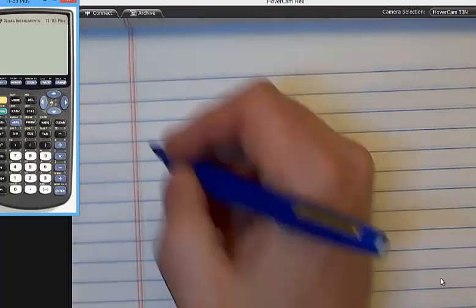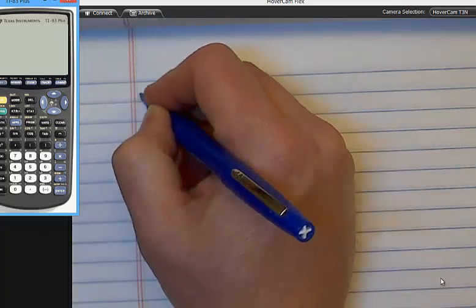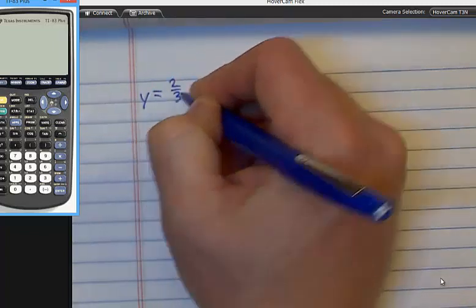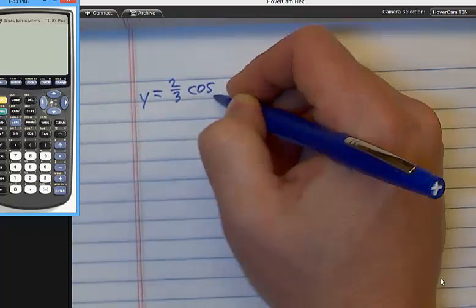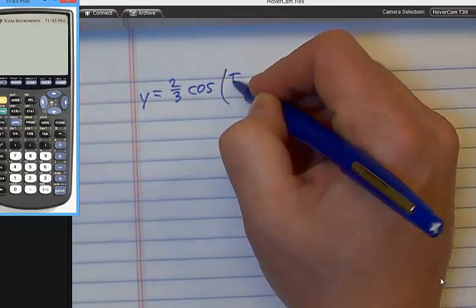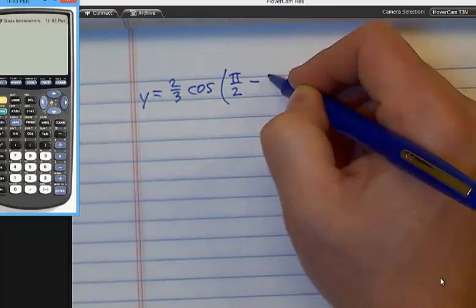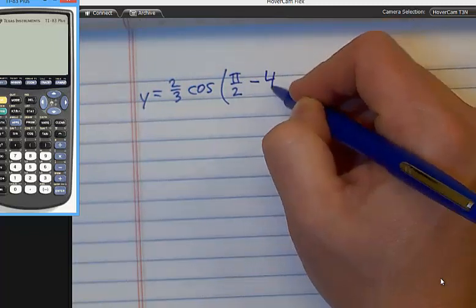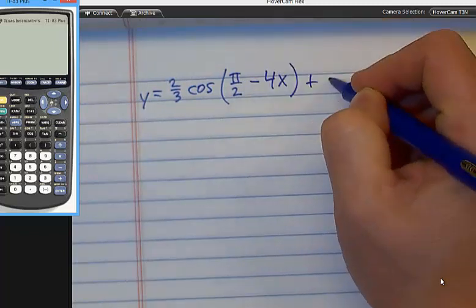But anyways, problem 10 says y equals 2/3 cosine of pi over 2 minus 4x plus 1.